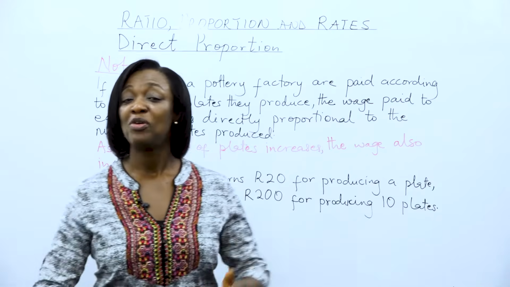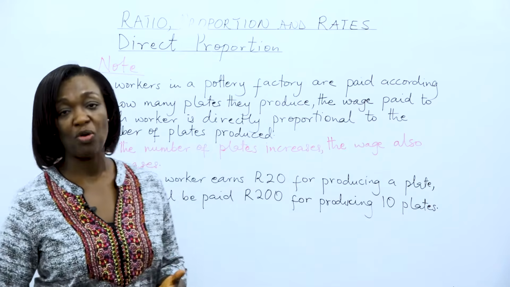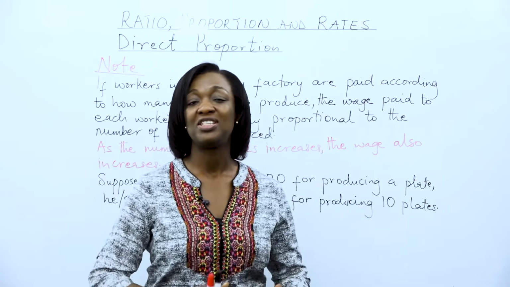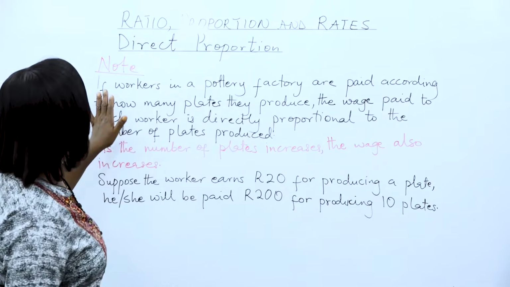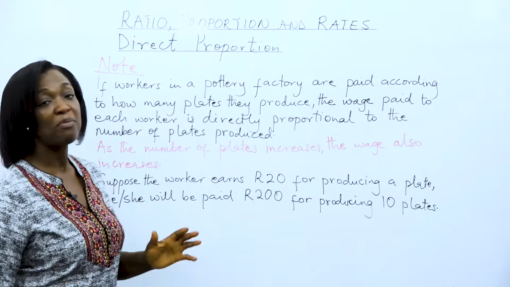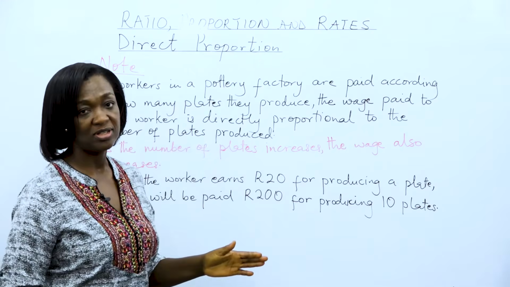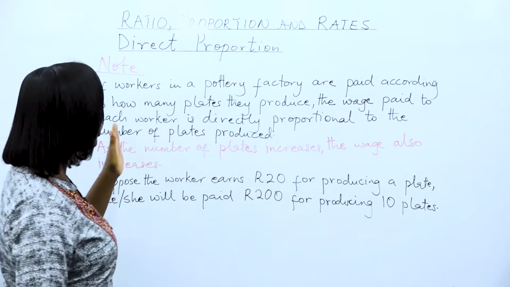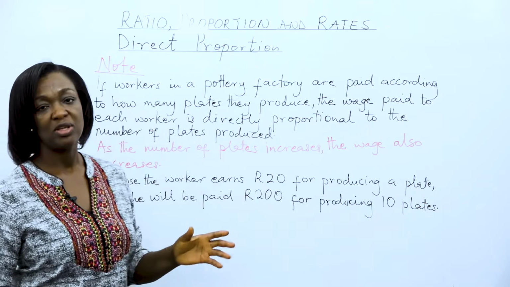In this example, we want to discuss direct proportion. What do we mean by direct proportion, or what do we mean when we say something is directly proportional to another? If workers in a pottery factory are paid according to how many plates they produce, the wage paid to each worker is directly proportional to the number of plates produced.